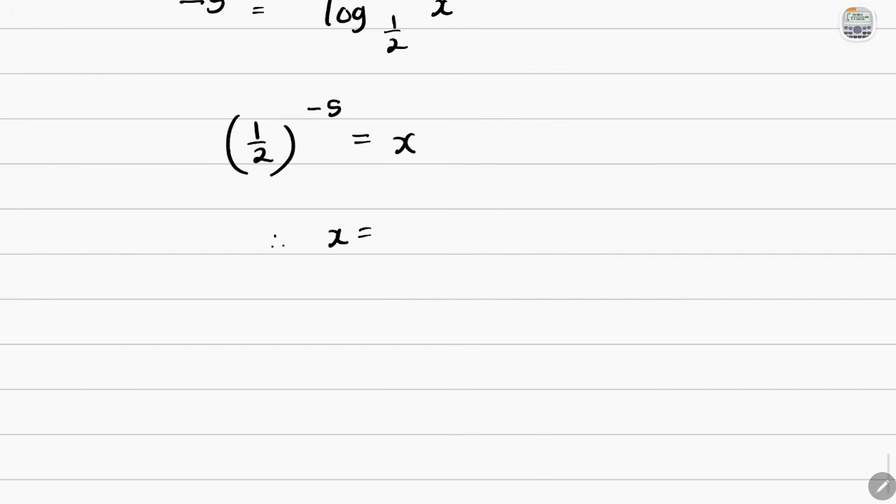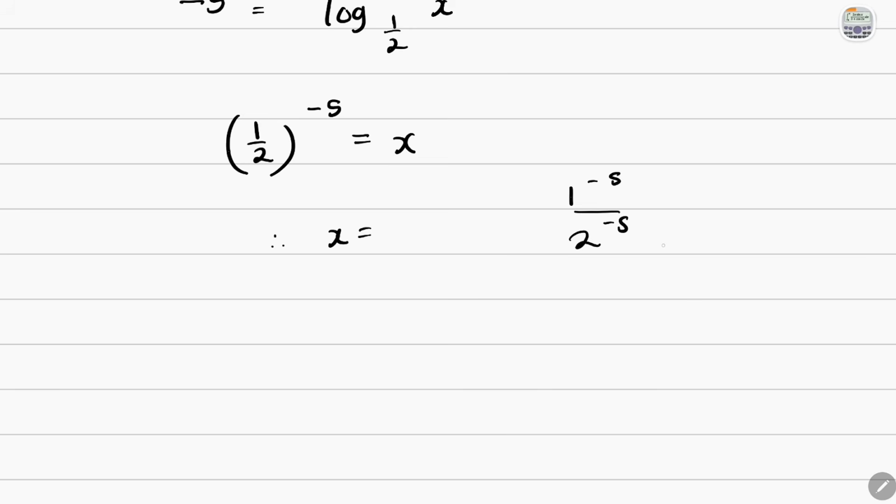So that means x is equal to 1 over 2 raised to the power of negative 5. Both the numerator and denominator are going to be raised to the power of negative 5, because they have an invisible 1 as the exponents. So that 1 times negative 5 is negative 5, and that's 2 to the power of negative 5.